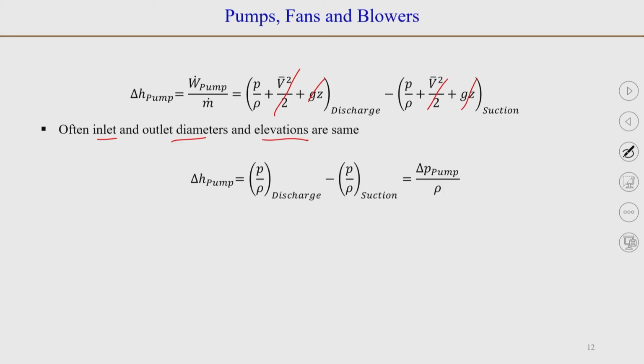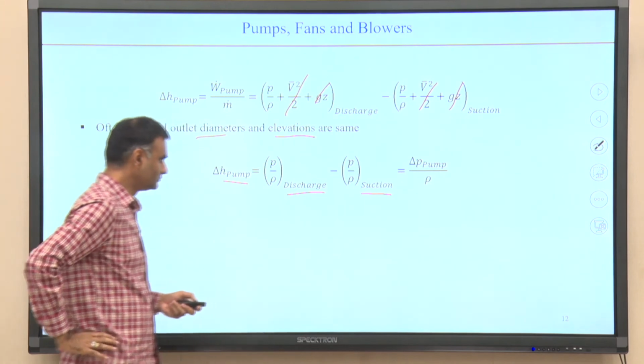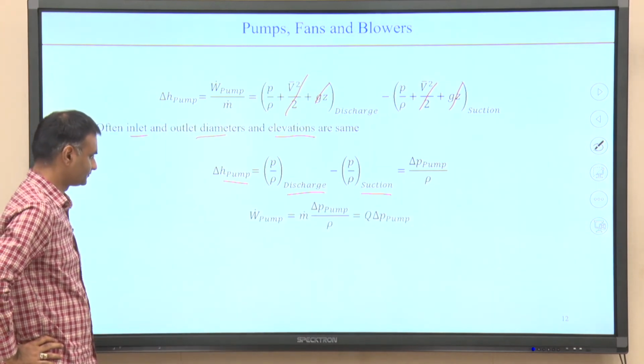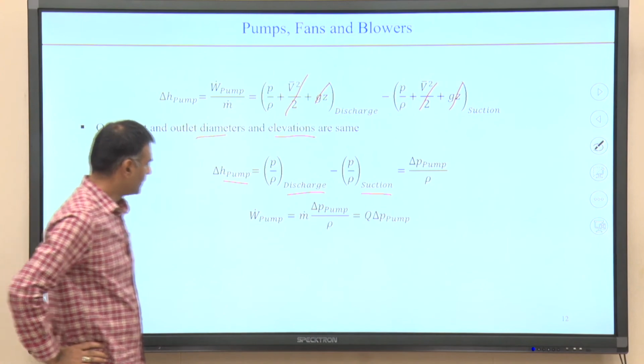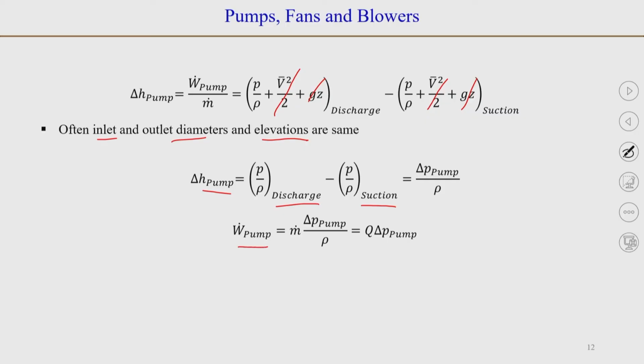So, the head gained or the head increase by the pump is basically P by rho at the discharge side minus P by rho at the suction side. So, that is delta P by rho, that is the head gained at the pump. Okay. And so, we can write this work done is equal to m dot into delta P by rho, or m dot by rho is basically the volumetric flow rate.